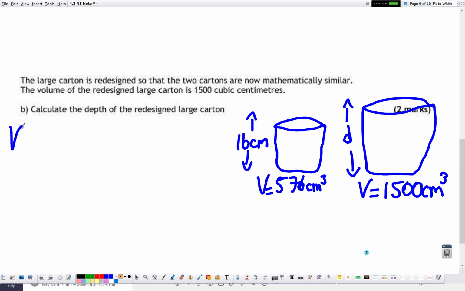So the volume scale factor is the one with the unknown divided by the known volume. So what did we multiply 576 by to get to 1500? So 1500 divided by 576. It's always the new one divided by the old, the one with the unknown divided by the one with the known.